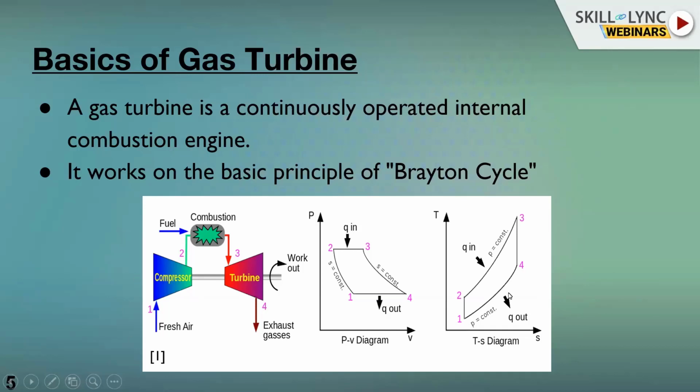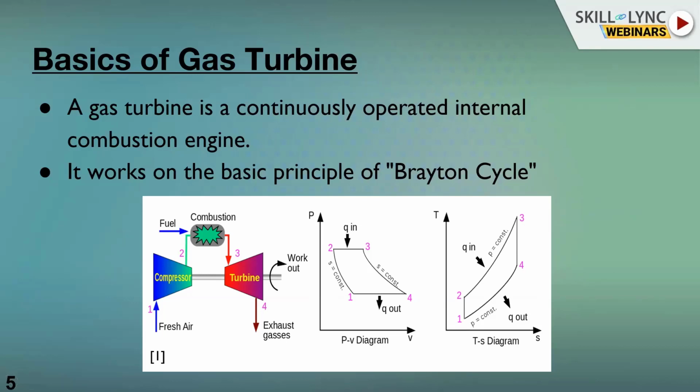We have a PV diagram and a TS diagram to show the same processes over here. We have entropy as constant and pressure as constant for the TS diagram. For the PV diagram, we have entropy as constant. Okay, so to start with, what is going to happen in the Brayton cycle?